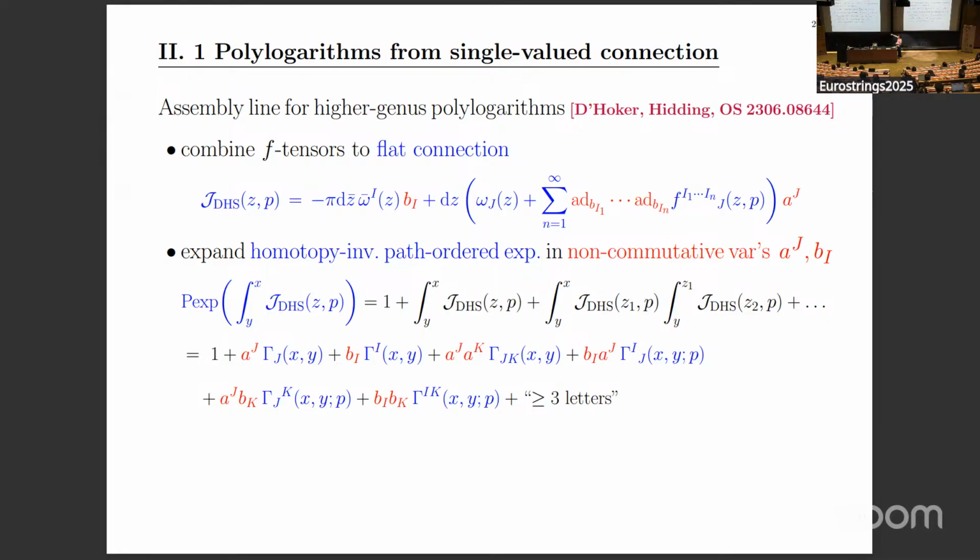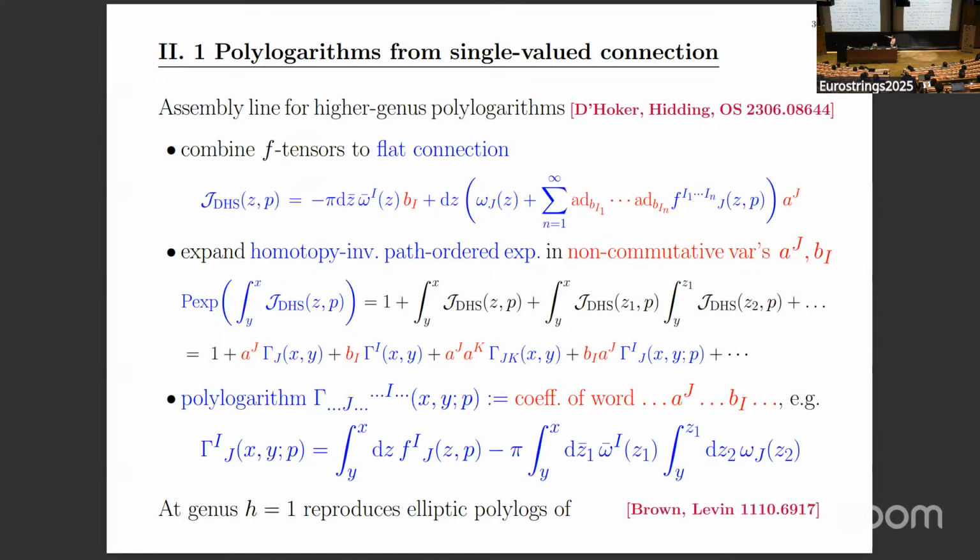And since the connection expands in A and B letters, the entire PxP can be expanded in the alphabets of A's and B's. So now we define higher genus polylogs gamma as the coefficients of that PxP when you extract a particular word in the A's and B's.